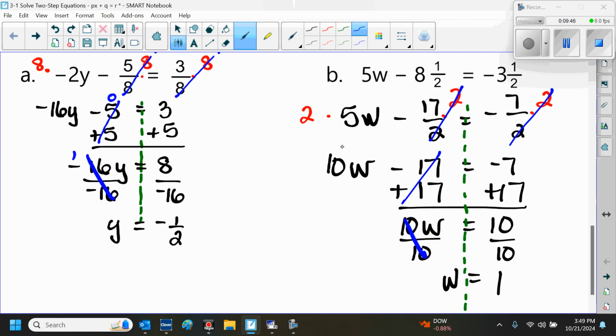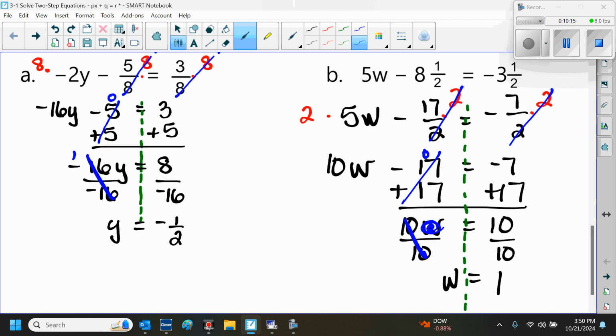So now I'm going to use my cover-up. So here, I'm going to cover up the 10w, which means I want to get rid of the negative 17. So I'm going to add 17 on both sides to get rid of that 17. So that 17 simplifies to 0, and we end up with 10w is equal to negative 7 plus 17, that gives me 10.